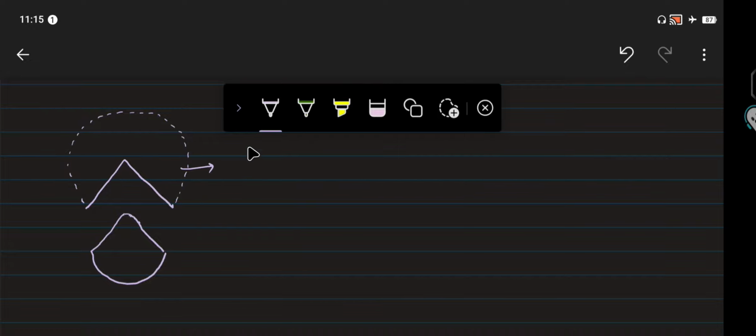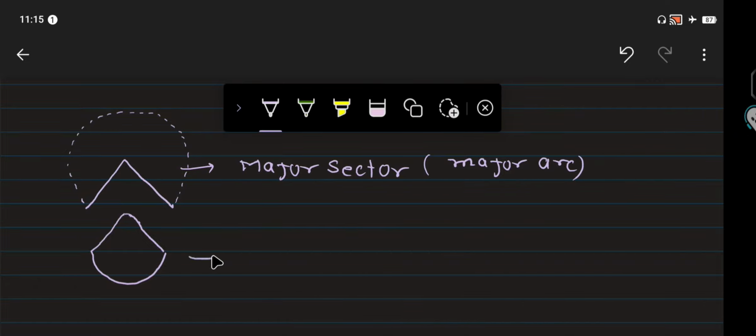So this one is called the major sector, and it will have the major arc. This one is called the minor sector. It will have the minor arc.